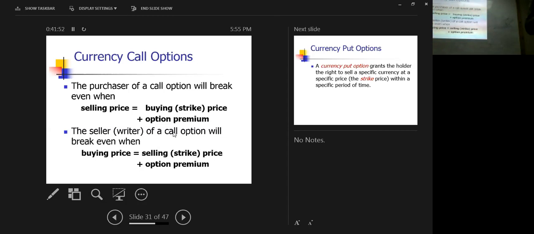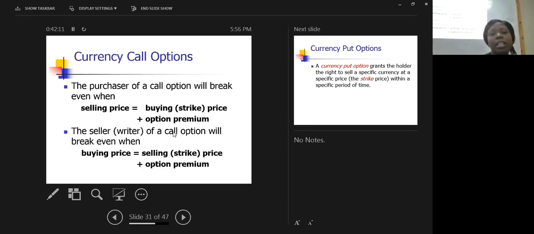So bear that in mind sometimes, even in trading, it's not just at the strike. No, it's not at the strike. That's why they make the distinction in the notes about profits. The purchaser of the call option will break even when the selling price is equal to the strike plus premium, which is 52, right?